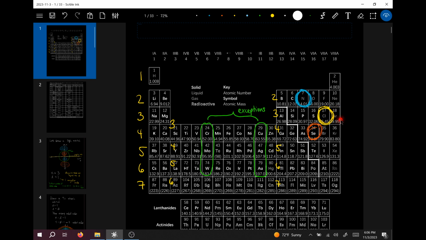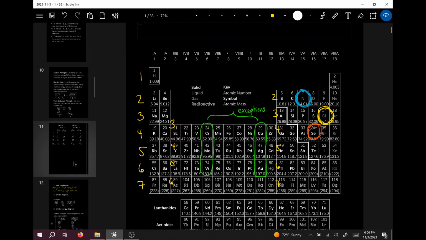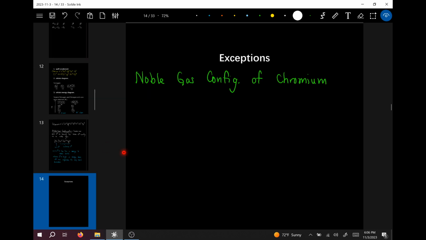So it's argon, and then we're going to have some electrons inside of the 4s and 3d orbitals. What I'm going to write down now is what we expect chromium to be. So that's going to be argon, 4s2, 3d, 1, 2, 3, 4. So let's write that down. That's what we expect.